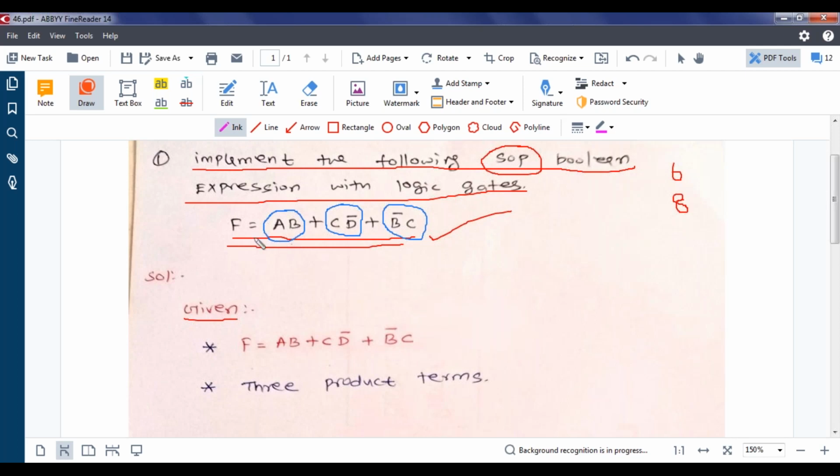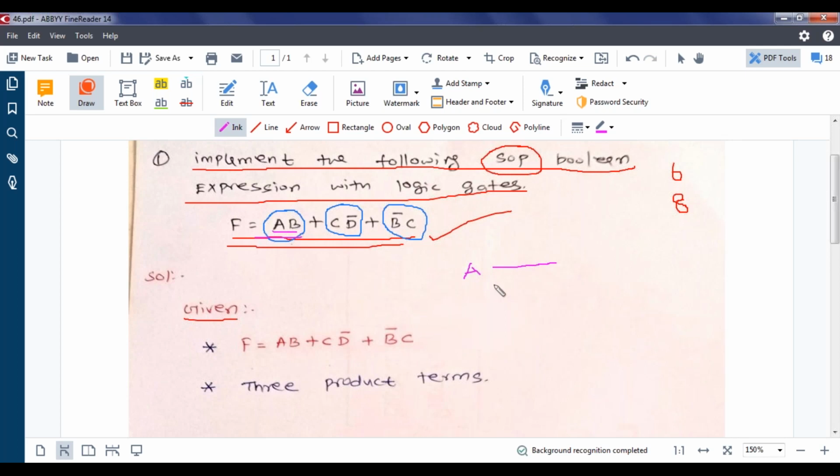First I'm considering the first product term, AB. First make a line and name it A, the first input line.